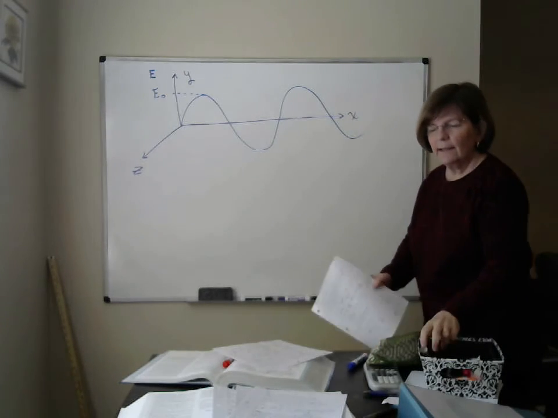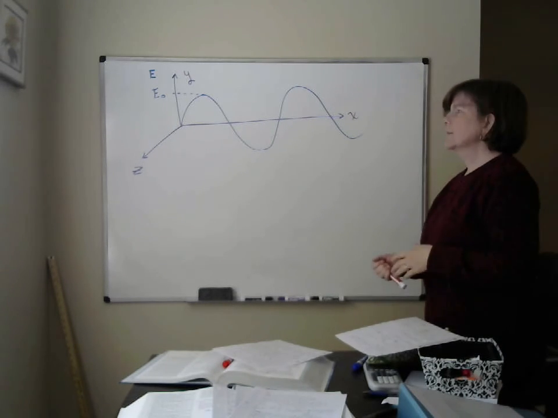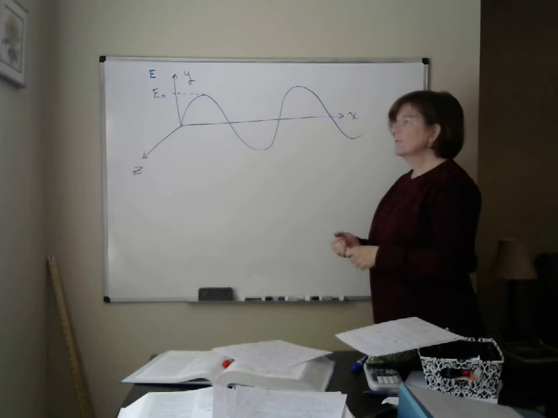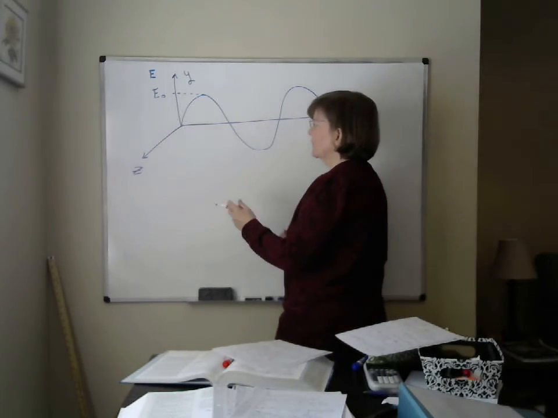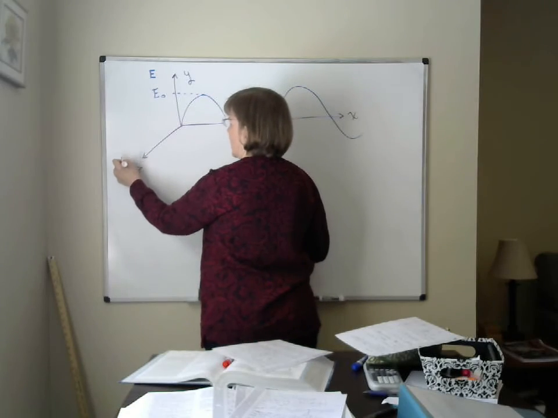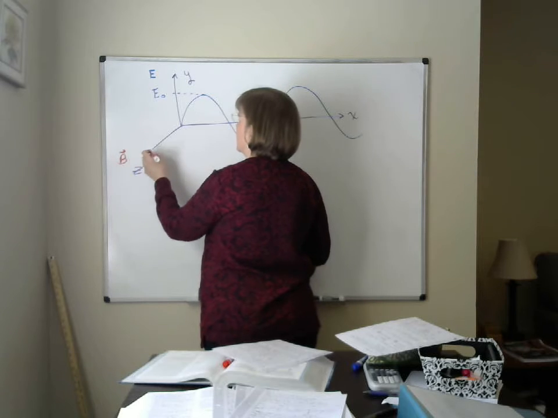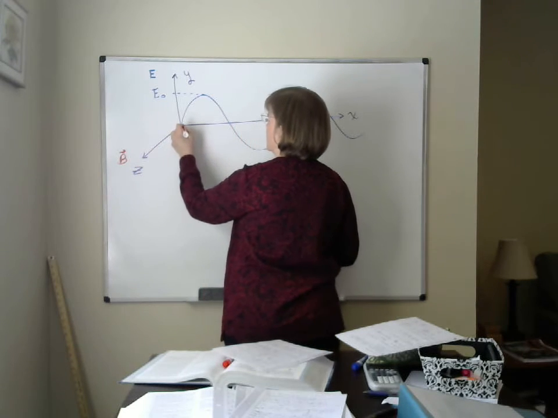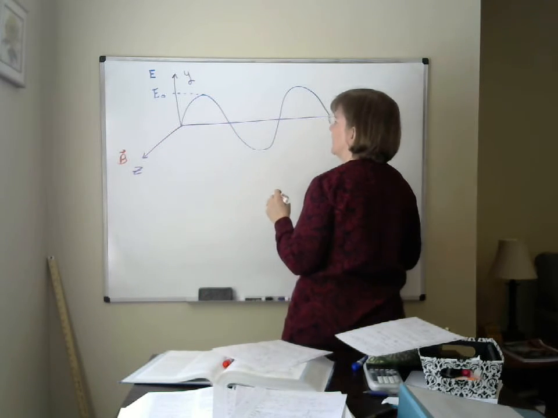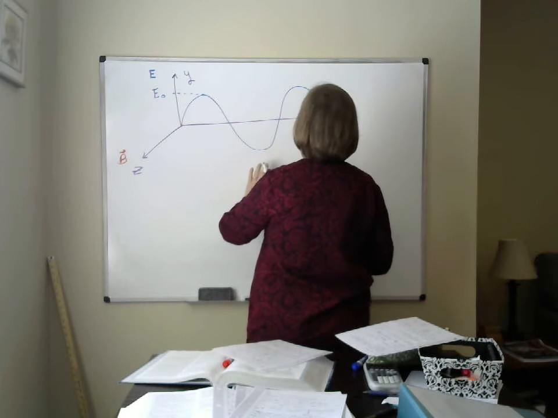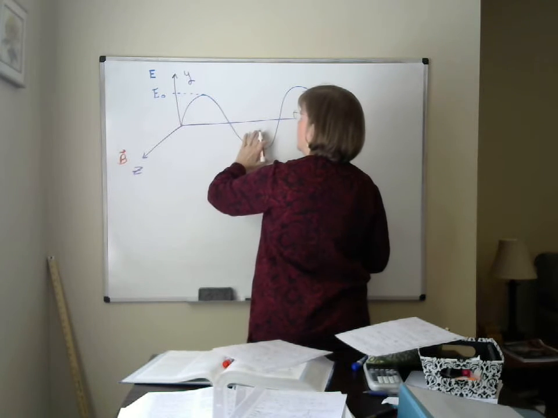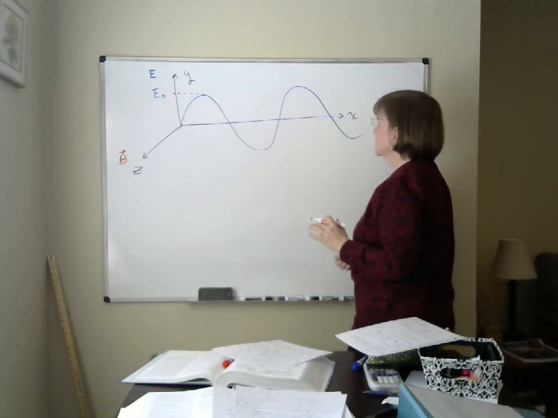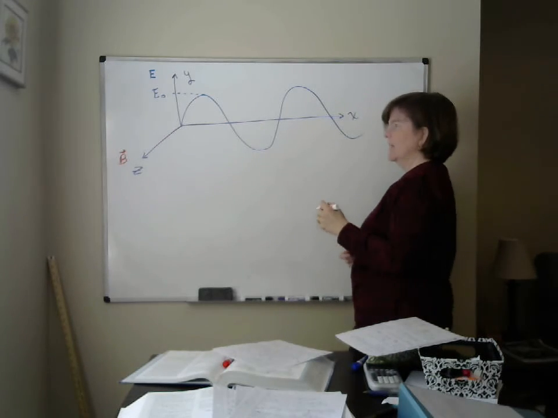In the field, we know the electric field and the magnetic field have to be perpendicular to one another. So the magnetic field we would be drawing on the z-axis, and it would look something like this. If this is in the xy plane, the magnetic field is in the xz plane.